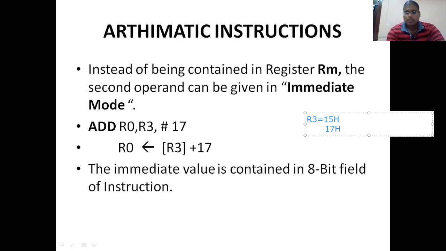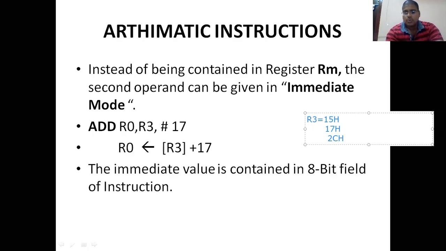Now I am going to perform the addition. 7 plus 5 is 12. How can I represent 12 in hexadecimal? For 10 it is A, for 11 it is B, for 12 it is C, isn't it? So here it will be C, and 1 plus 1 is 2. So the answer will be 2CH.